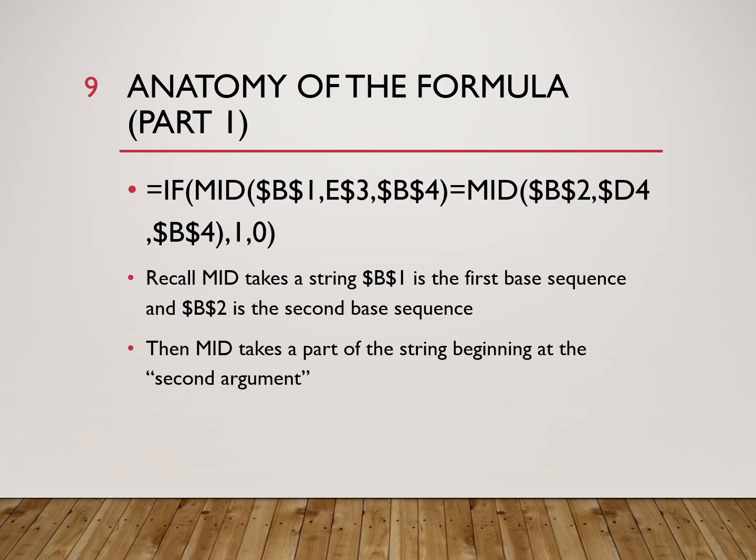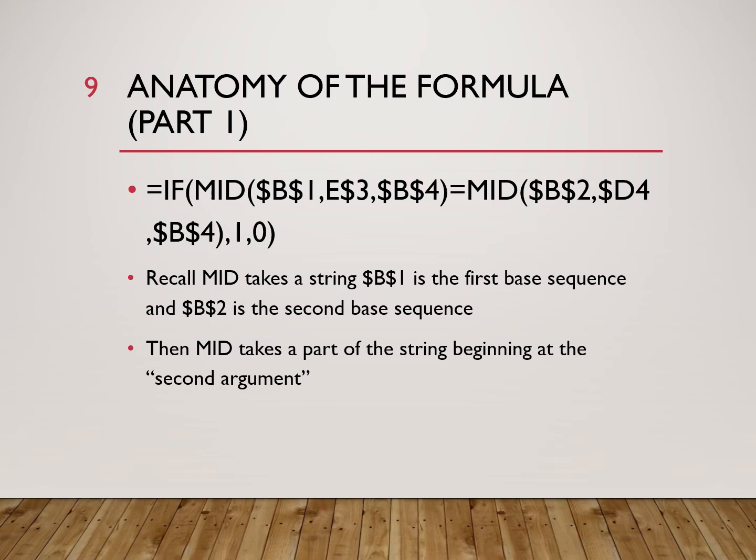The function MID takes a string and produces what we call a substring, some little portion of the string. The first argument in the MID function is the string we are taking. In the first one, it's $B$1, the first sequence of DNA, and in the second MID, the string we're taking is $B$2, which is the second base sequence.